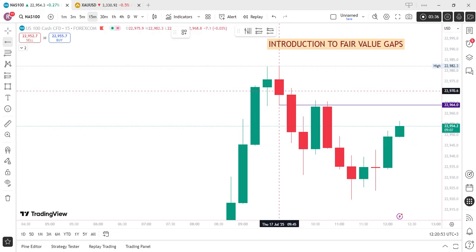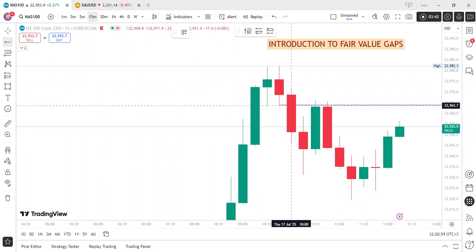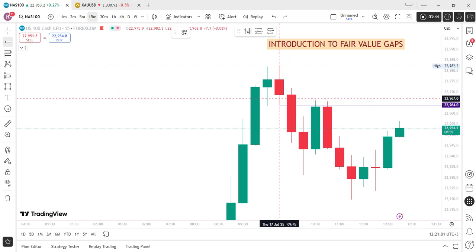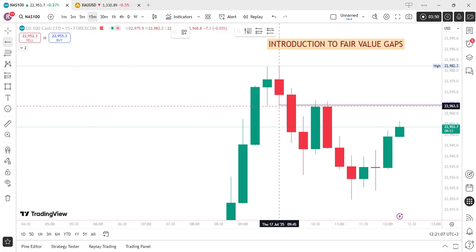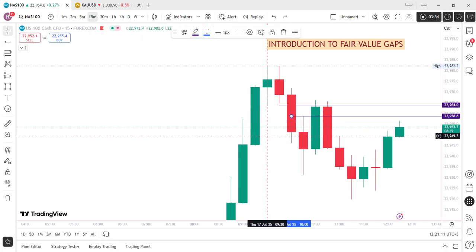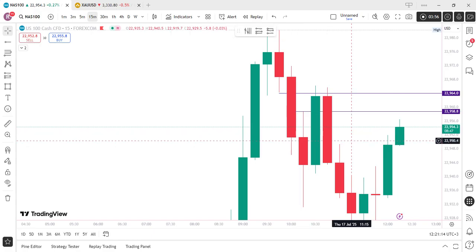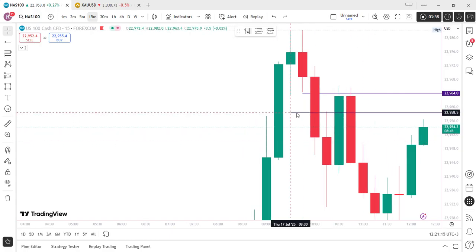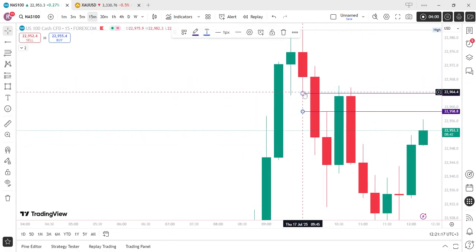The first candle is the one that makes a strong move in one direction, like this one. The second one continues the trend, displacing below the first candle and leaving behind a space or a gap. Then the third candle, which is this one now, confirms the gap or the space in between the price action.